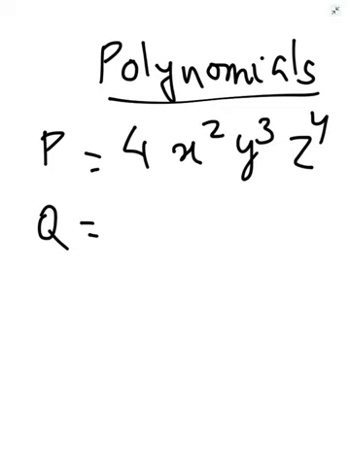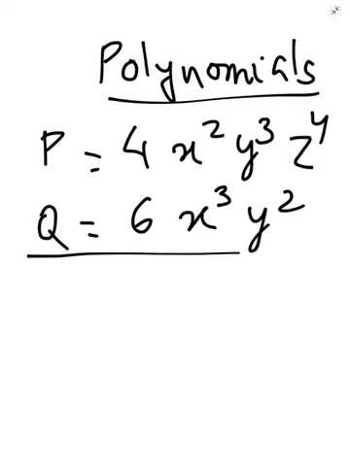So 4 is the constant here, x, y, z are the variables and powers are 2, 3 and 4. Another polynomial is given to you like this, 6x cube y square. Here the constant is 6, variables are x and y, powers are 3 and 2 respectively. So you can see there is no z here in Q, but in P z is also there.